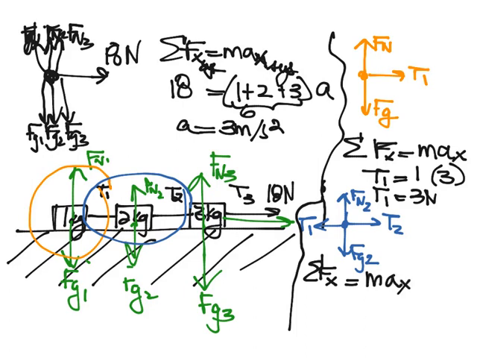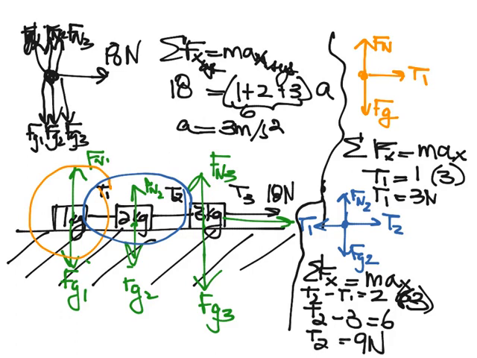For my 2 kilogram object, of course my mass is 2, and I have an acceleration of 3, because these are all accelerating together. Now, my forces are going to be T2 minus T1. So I end up with T2 minus, I know T1 is 3, is equal to 6, and T2 has to be equal to 9 newtons.